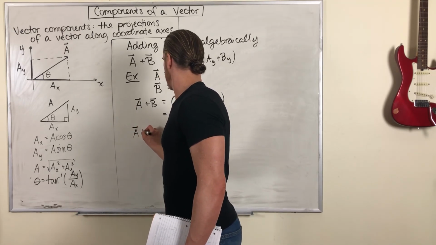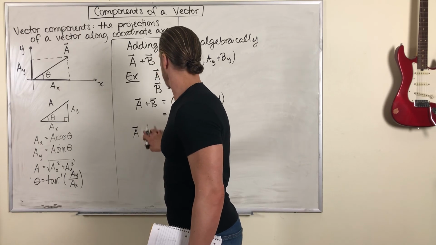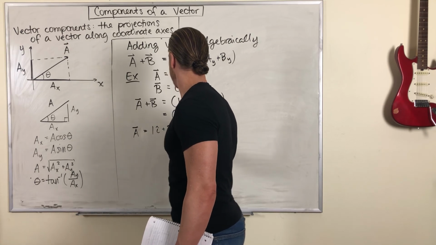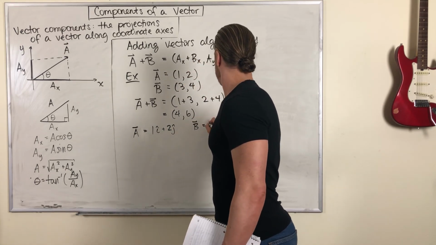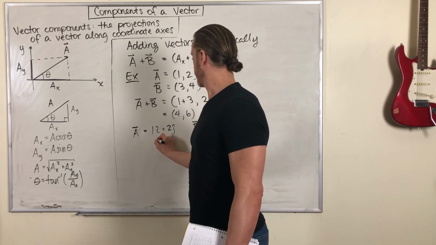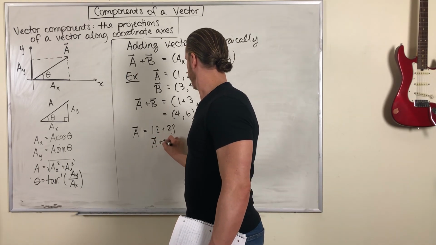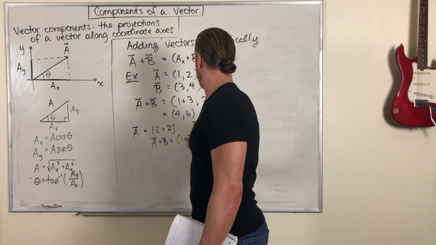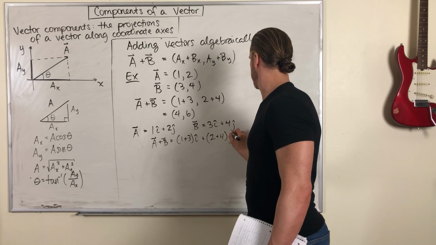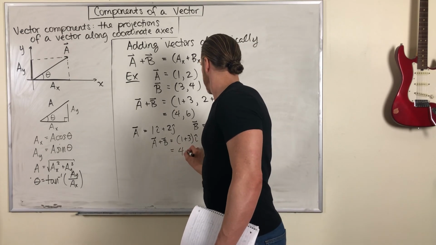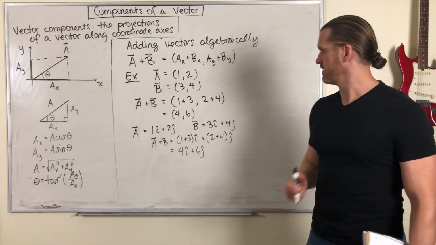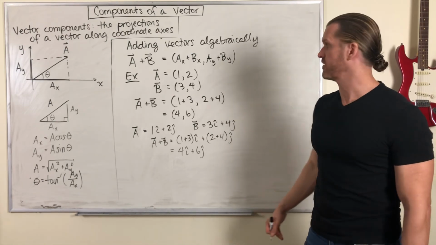You could also, if you expressed your vectors like 1 i hat plus 2 j hat and 3 i hat plus 4 j hat, then the sum would be 1 plus 3 i hat plus 2 plus 4 j hat, like that. That's the way you'd write it using this other notation in component form.